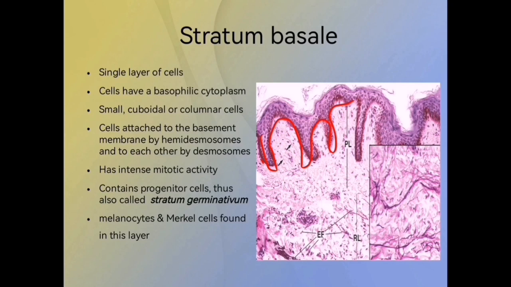This layer has intense mitotic activity and generates all the other layers, and for this reason it's also called the stratum germinativum by some texts. In this layer we mainly find keratinocytes, melanocytes, and the Merkel cells.